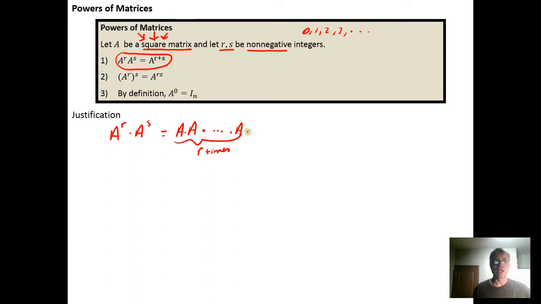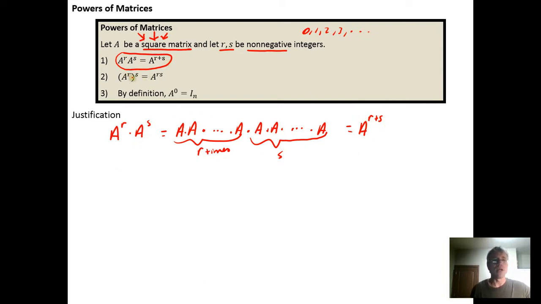And then you would be doing A times itself, A times ... times A. You'd be multiplying A by itself another S times. And so altogether you would get R copies of A and S copies of A, which tells us that we had A to the R plus S copies of A being multiplied.